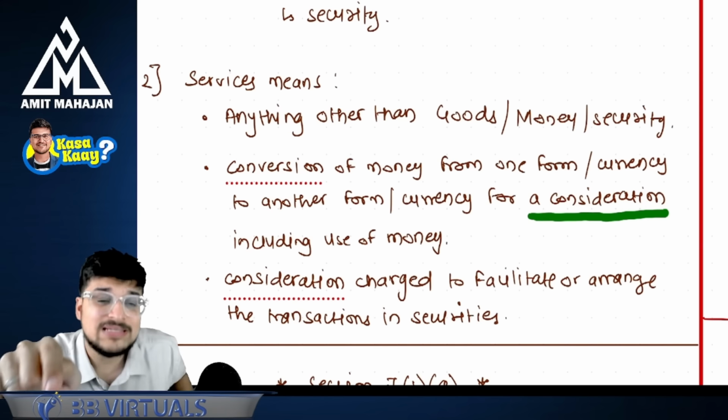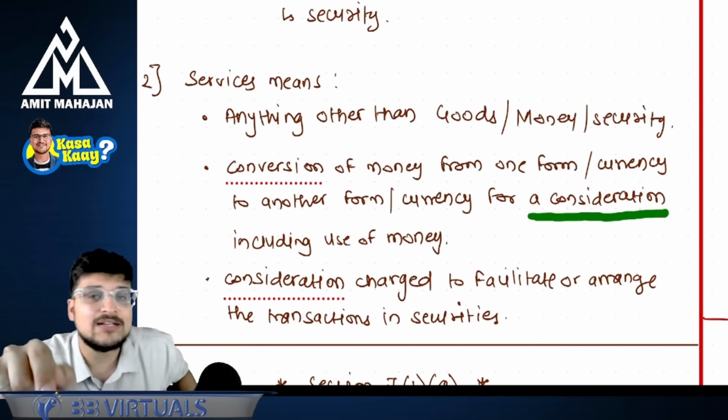Why will it be considered as supply of service? Because services means anything other than goods. If this is not goods, it will be considered as what? Service. Which means sale of flat, of course, it is not goods, but as per the definition, it will be considered as supply of service. Yes, absolutely right. Okay, we'll read it. I will see, is there any exception which is given?